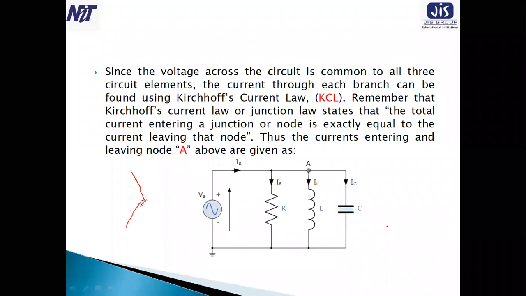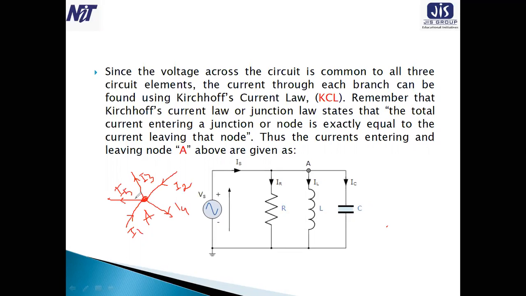So what is actually KCL? Suppose we have a node. I might consider that we have five currents. This is a node, you all know what a node is, the point A. Suppose this is I1, this is I2, this is I3, this is I4, and this is I5.